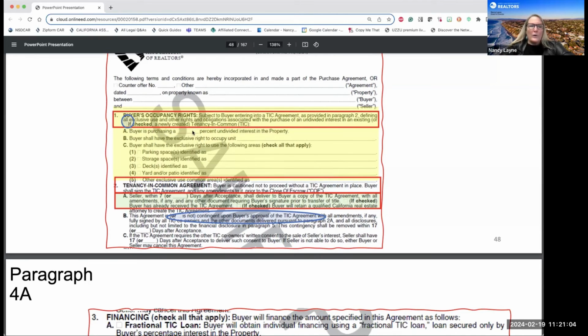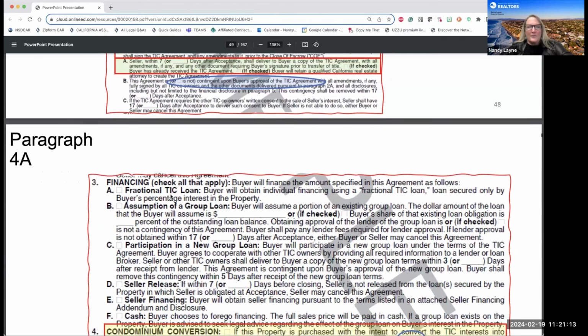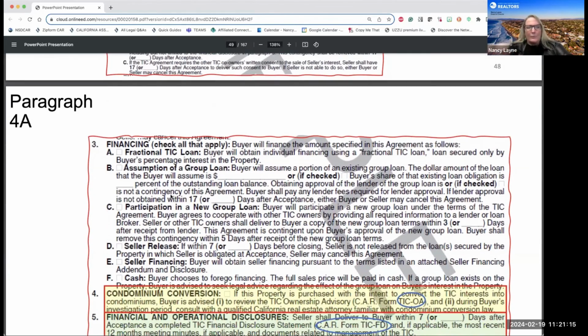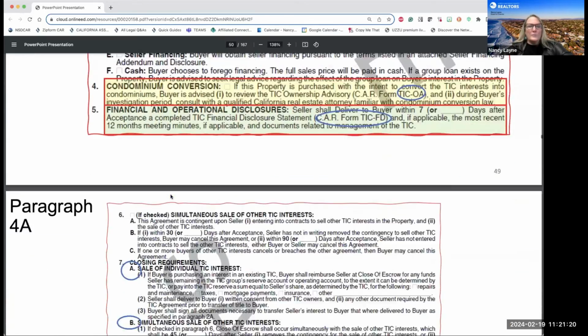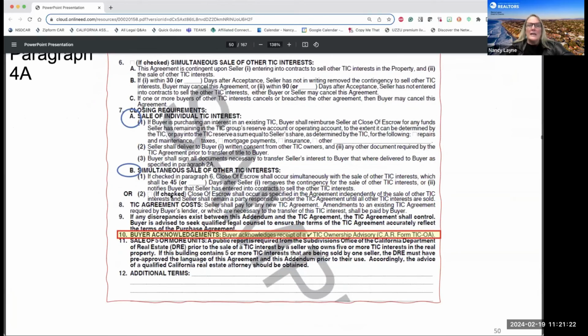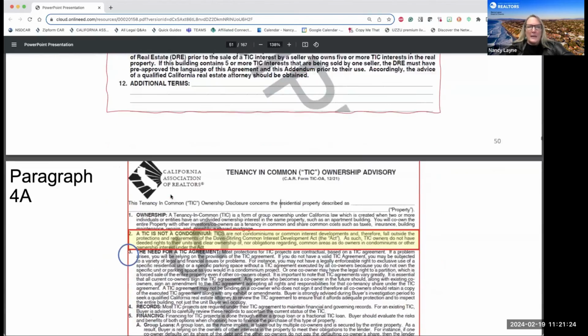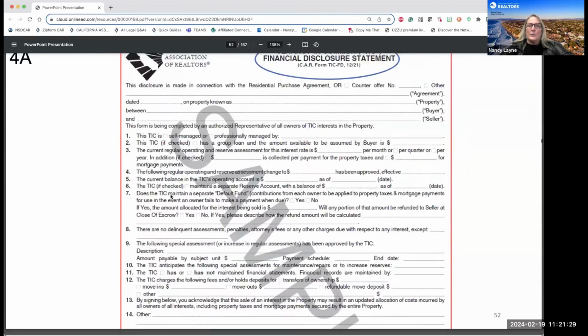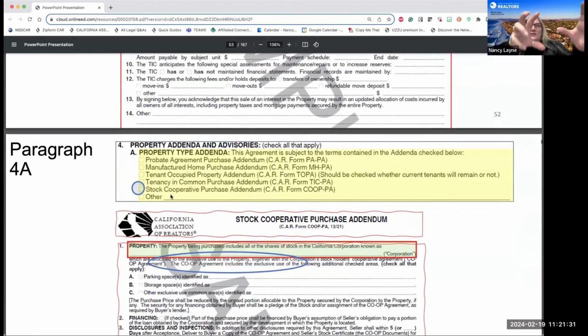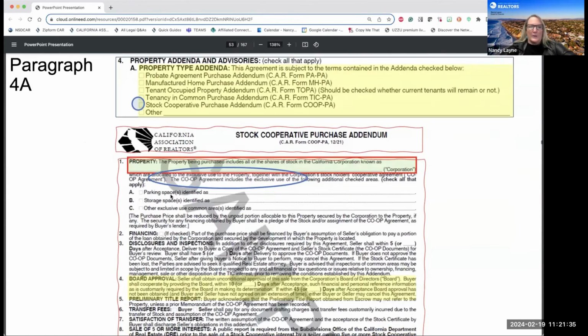They're owning a percent in undivided interest in the property, and it clarifies what they're actually buying. It only becomes a problem if they're doing it that way, but again, we have a separate form for these. Financial disclosures, all of these forms are separate forms that are in addition to the RPA, and this clarifies the purchase agreement and then the additional methods by which they're purchasing that property.